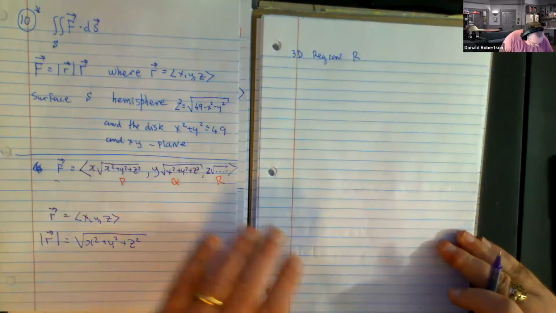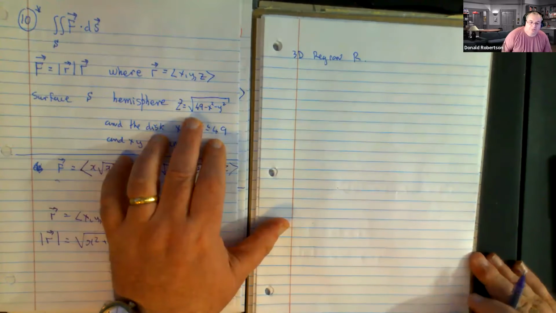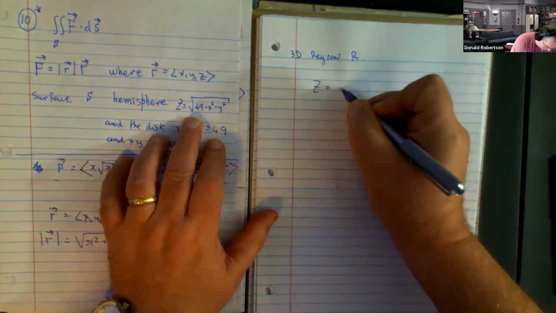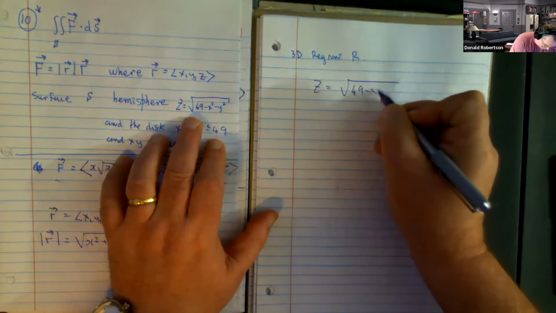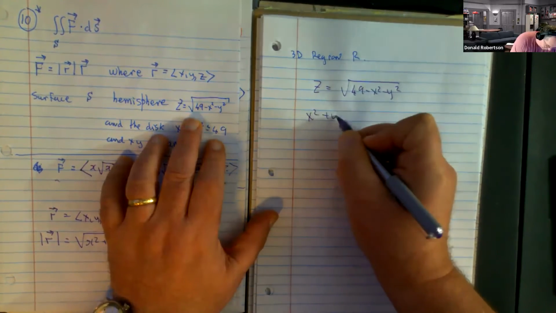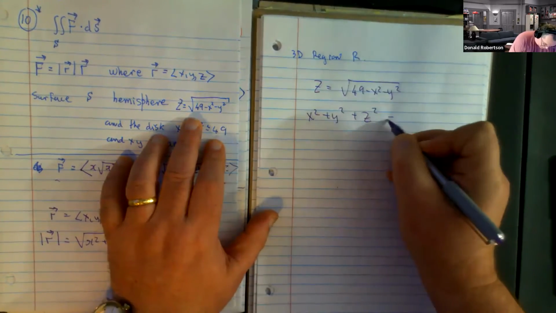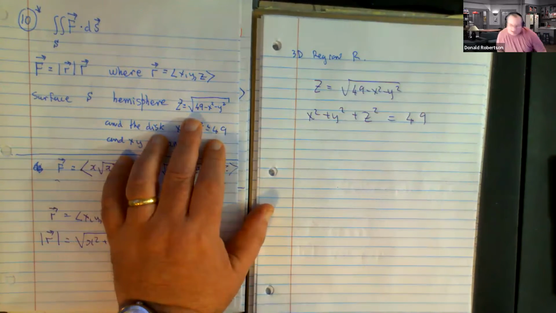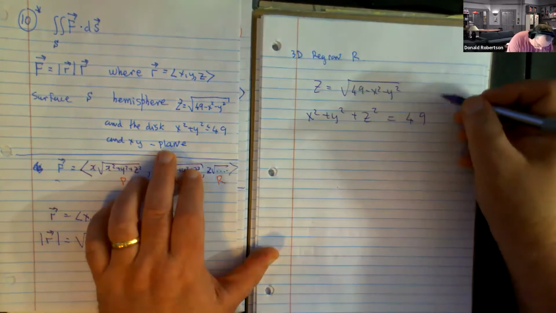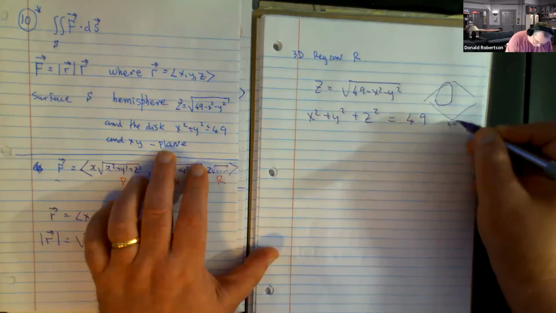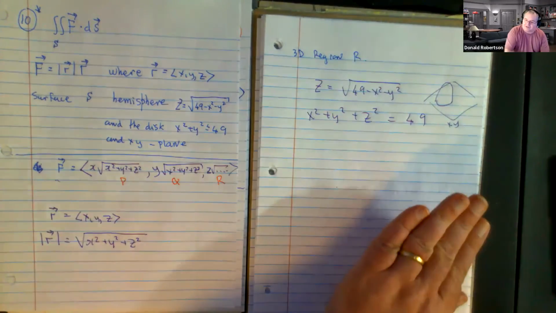And somewhere in this question, here we go. It's a hemisphere. Okay, if you rearrange this information, it's the same thing as x squared plus y squared plus z squared equals 49. Will you trust me on that? That's what it eventually becomes. And it's a hemisphere and it's the xy plane. So it's the hemisphere, there's the xy plane. The floor is xy and it's the top half, right?